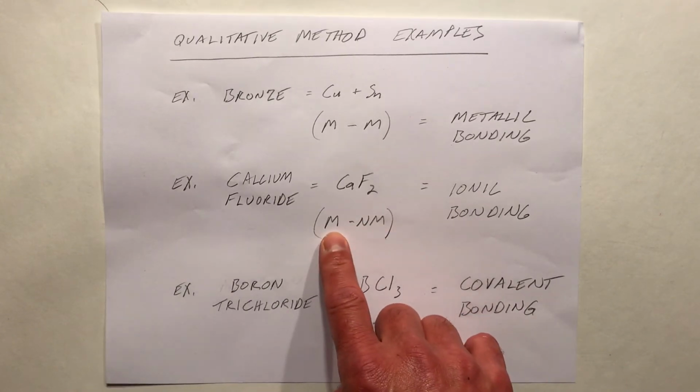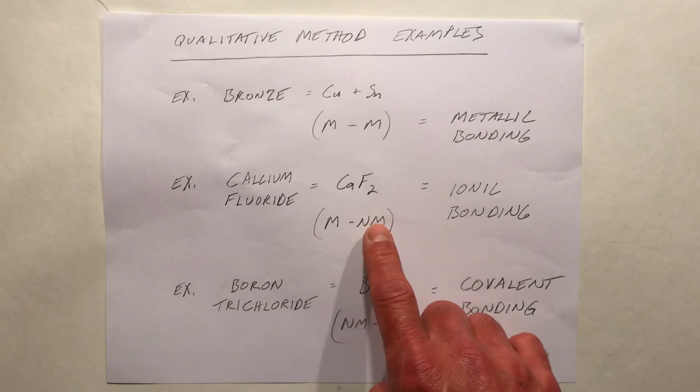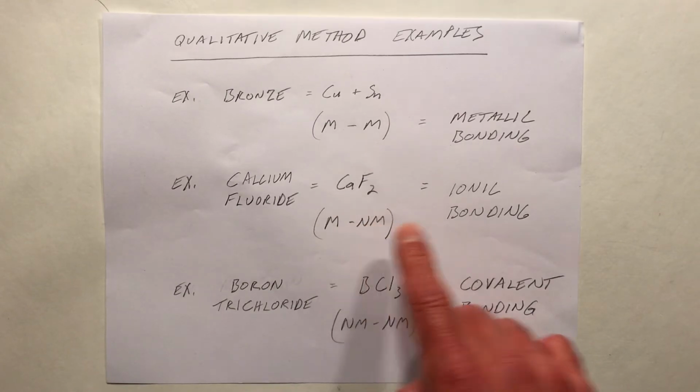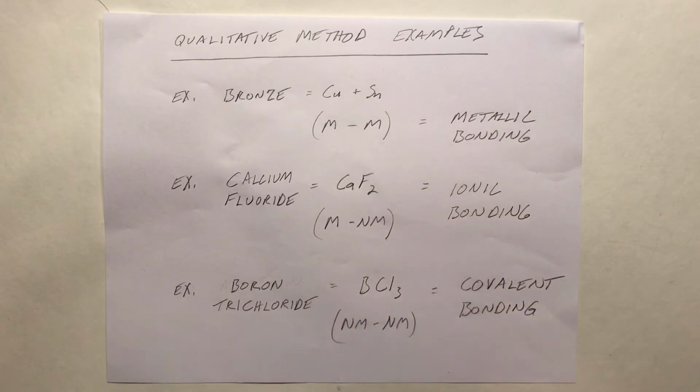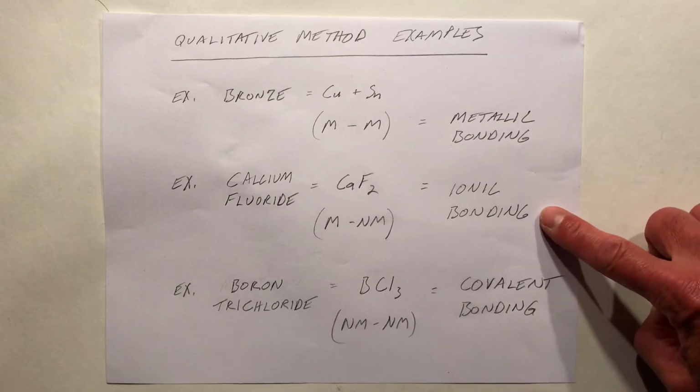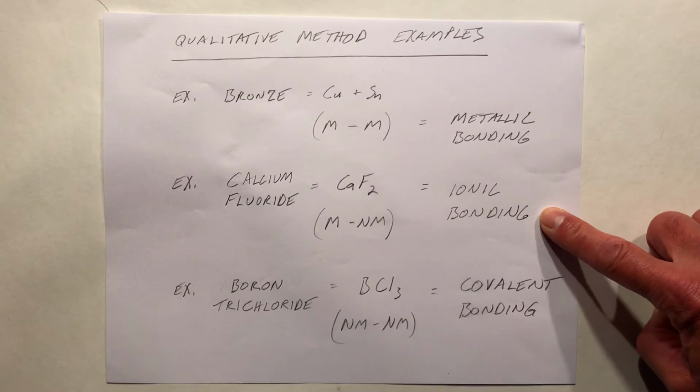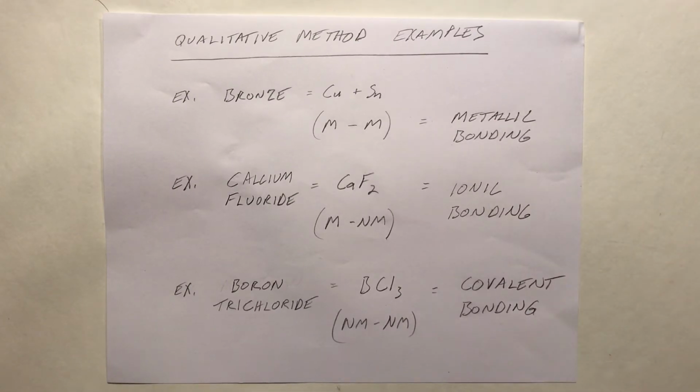The metal loses electrons and forms a positive ion. The nonmetal gains electrons and forms a negative ion. We're going to get ionic bonding. And that's going to result almost always in a crystal or a repeating shape of ions. So we'll get some solid ionic crystal that forms from that.